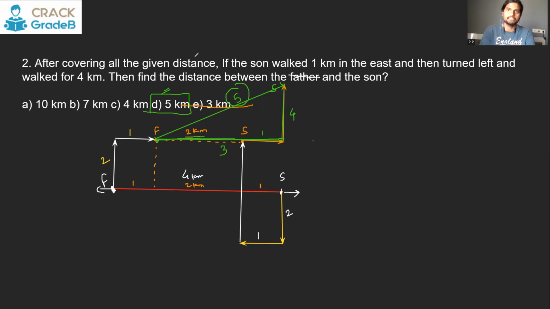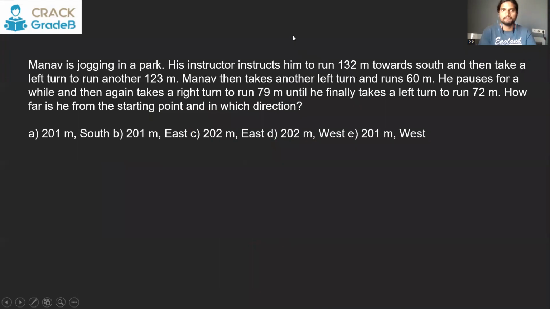Let's see one more question like this. Manav is jogging in a park. His instructor instructs him to run 132 towards south.